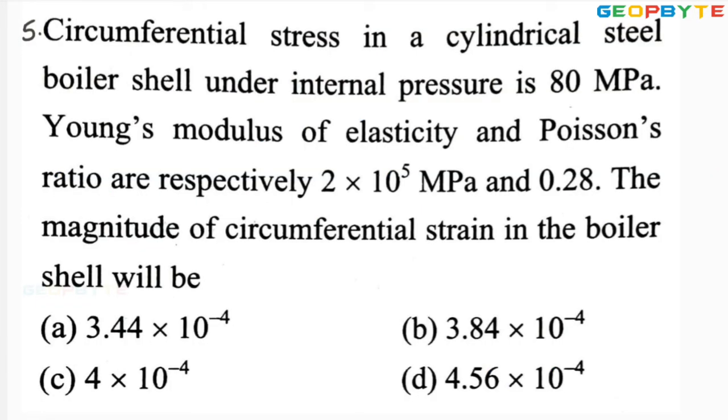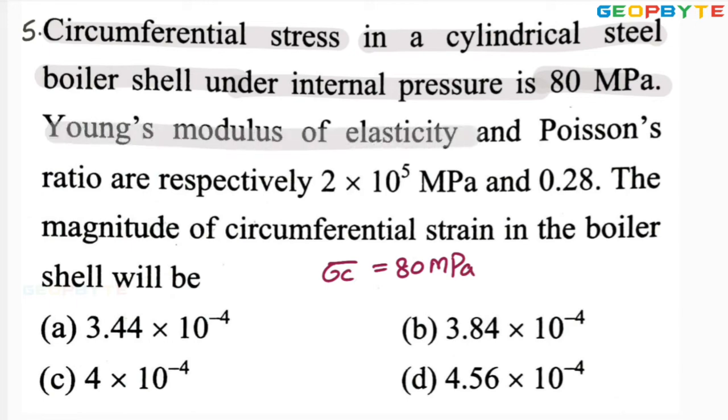Look at the problem. Circumferential stress in a cylindrical steel boiler shell under internal pressure is 80 megapascal. Given circumferential stress sigma c equal to 80 megapascal. Young's modulus of elasticity and Poisson's ratio respectively are.